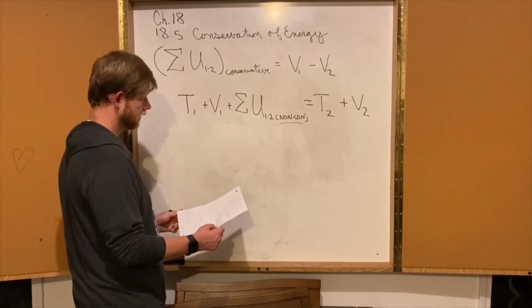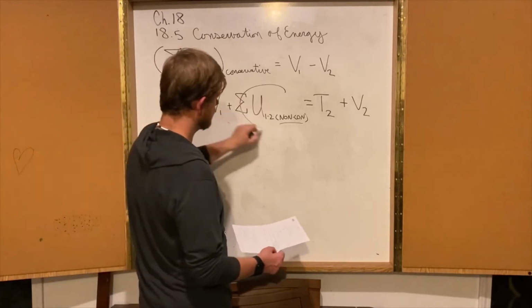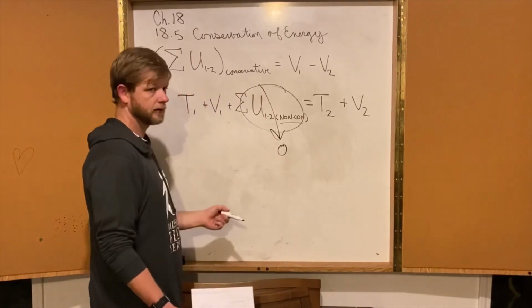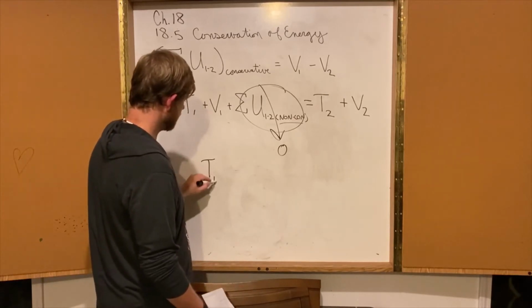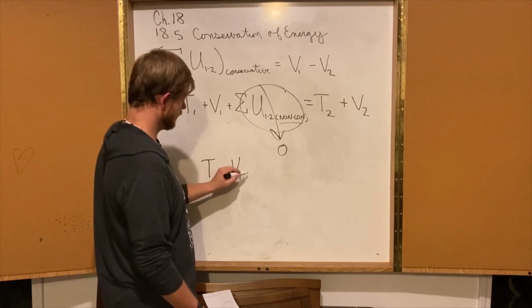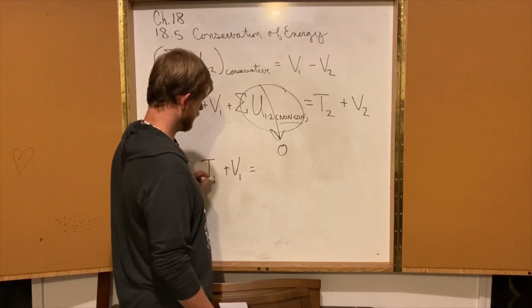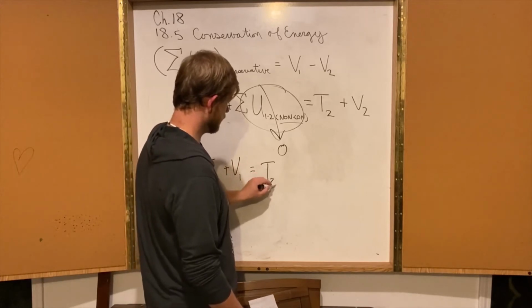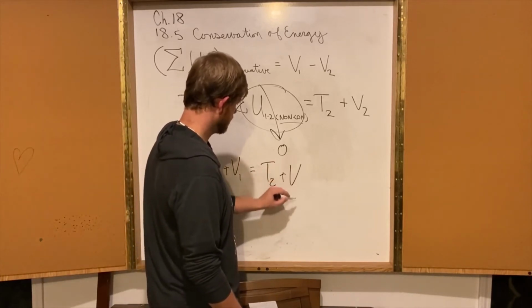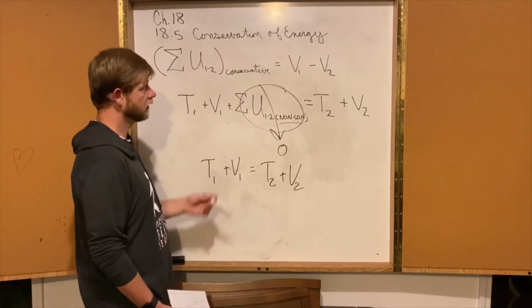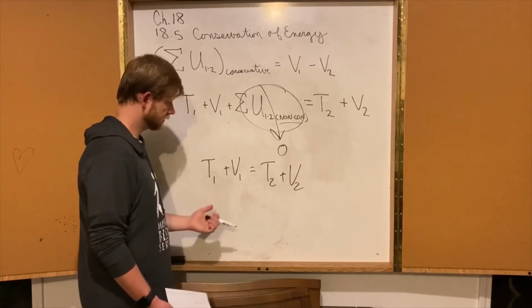Now, if the non-conservative work equals 0, then the kinetic energy plus the potential energy in the initial position equals the kinetic energy at the end plus the potential energy at the end, which is the law of conservation of energy.